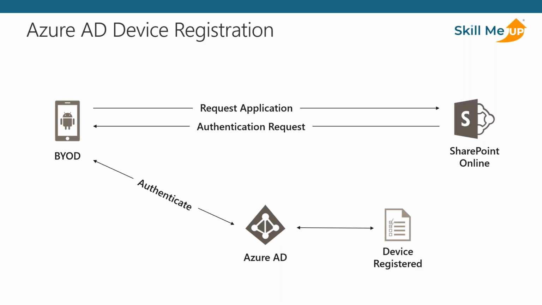The user authenticates, so let's say it's me, I've authenticated, my device then gets registered, and then I'm granted access to that application. This is the flow that every device will go through from a registration perspective. This isn't Azure AD joined. This is just what every device will go through. And you will see these listed inside Azure AD under devices, and also you can see them in Intune as well if you have the licenses for that.